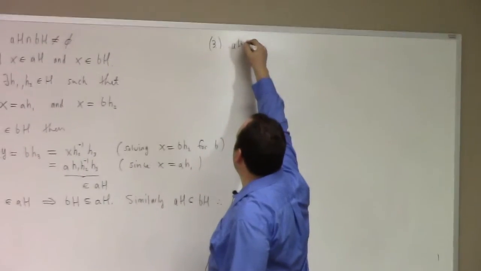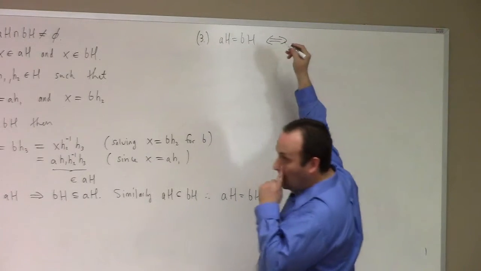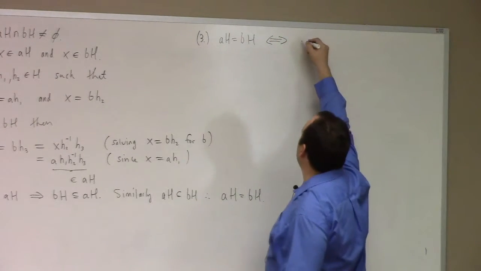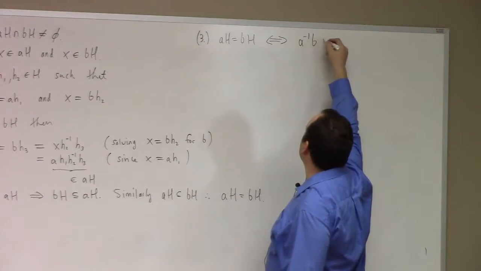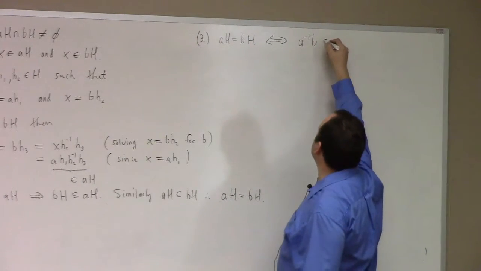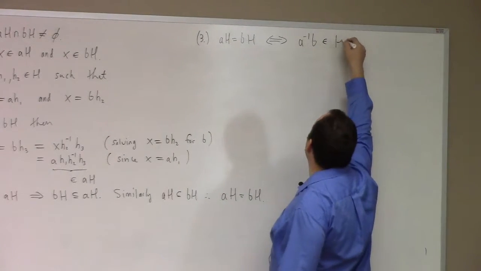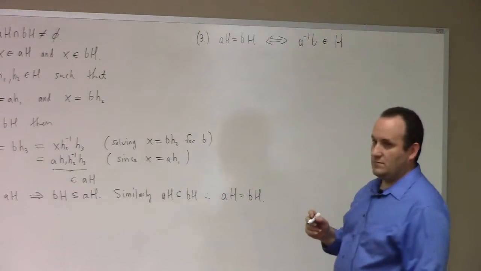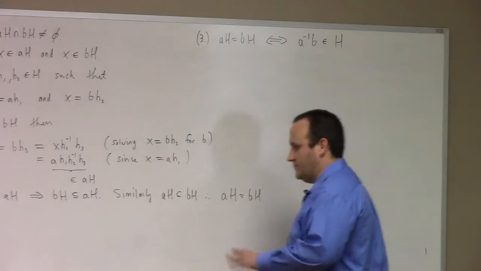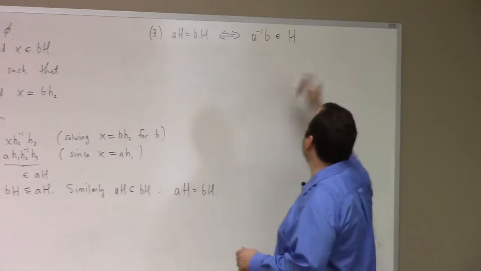So we want to show that AH equals BH if and only if A inverse B is an element of H. And operationally, this is how we check equality of cosets, guys. Before I go on with the proof, it's worth noting in the additive case, what's this look like?